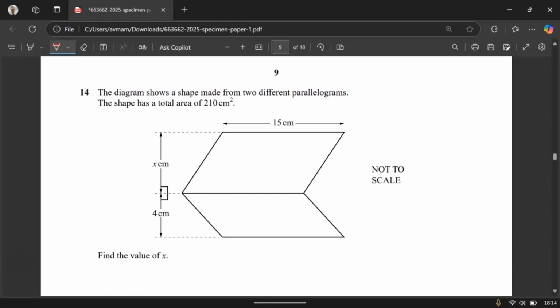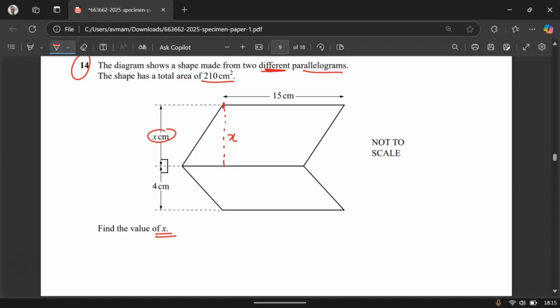Now let us look at question number 14. The diagram shows a shape made from two different parallelograms. The shape has a total area of 210 square centimeters. Find the value of x. X is right over here. This x represents the height of this parallelogram.